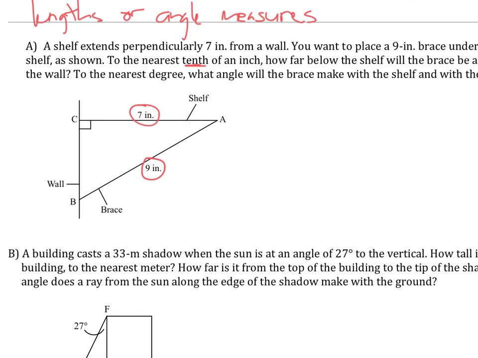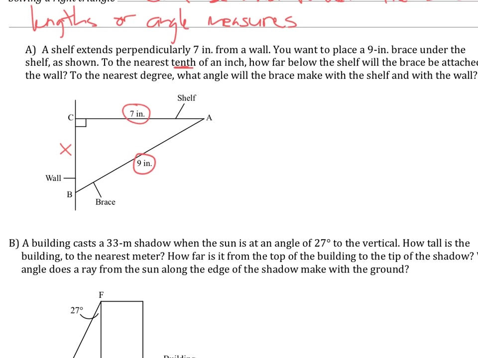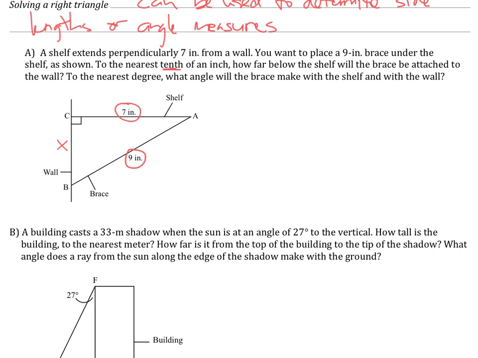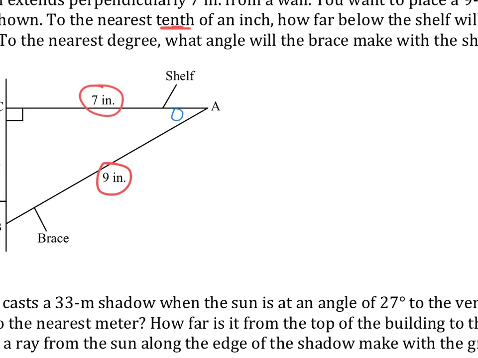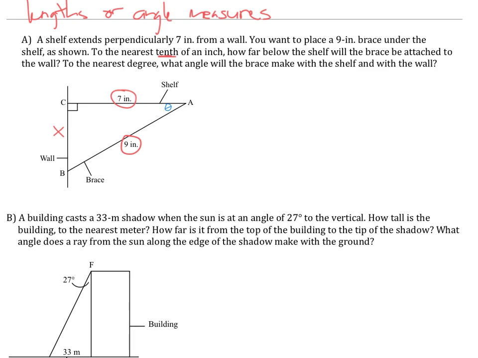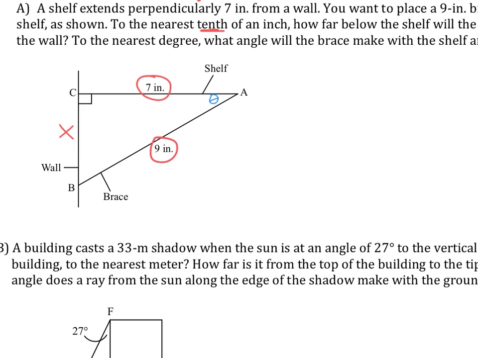So essentially it's asking what is the length of CB. And the second question, to the nearest degree, what angle will the brace make with the shelf? And then ultimately with the wall. So we'll start with the first question. What is the length of CB?